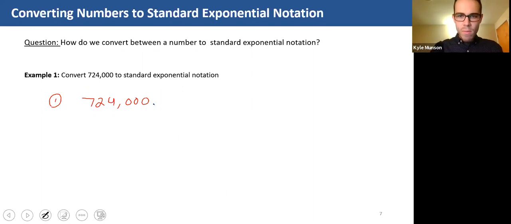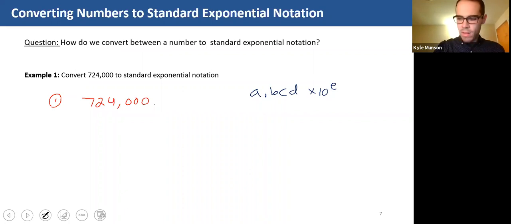That A, if I write this down again, so we have A, B, C, D times 10 to the E. This is the format that I want to get this number in. And remember, A can be greater than or equal to 1, but less than 10. So in other words, I have to move this decimal point over until there's only one number in the A spot.